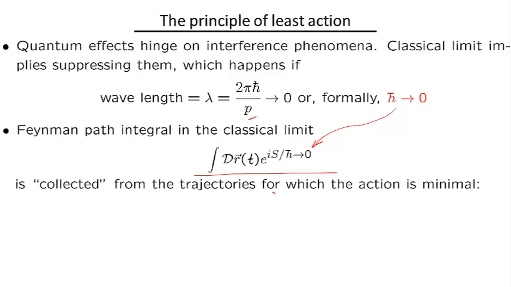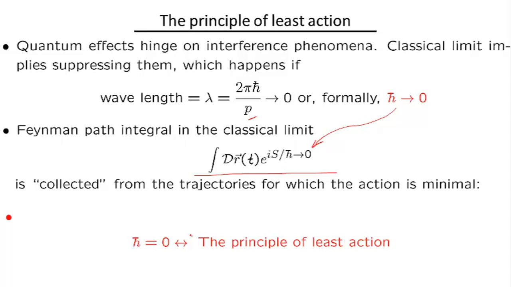And also in full analogy with the previous slide, with the saddle point approximation, we can say that as h becomes smaller and smaller, we can focus only on the trajectories in the vicinity of the trajectory for which the action is minimal. So basically the limit of h going to 0 therefore reproduces the principle of least action, which is another sort of cornerstone of classical physics.